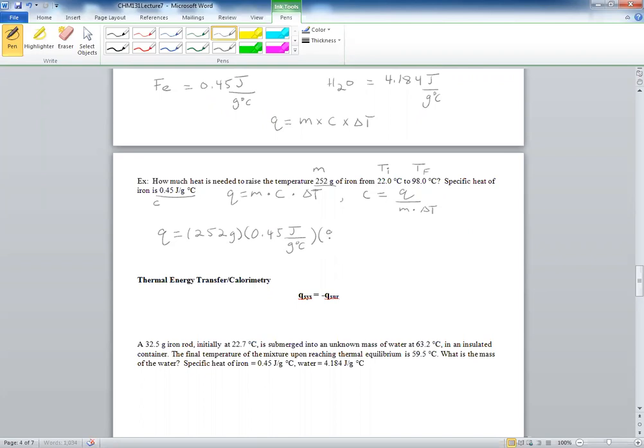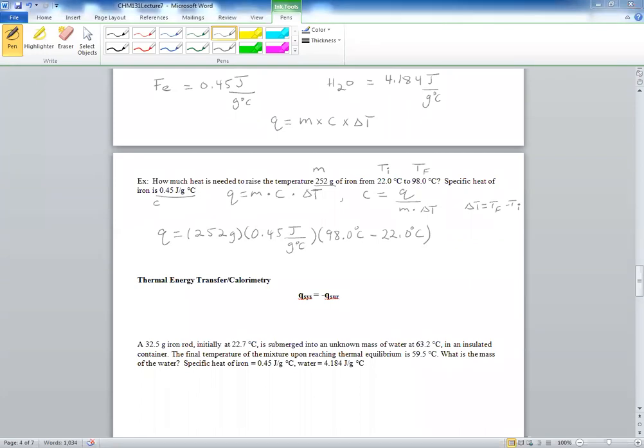So that would be 98 Celsius minus 22. So remember, delta T is T final minus T initial. And you need 3 sig figs here because of the mass and the temperature. Remember, this is not a measured number, specific heat.